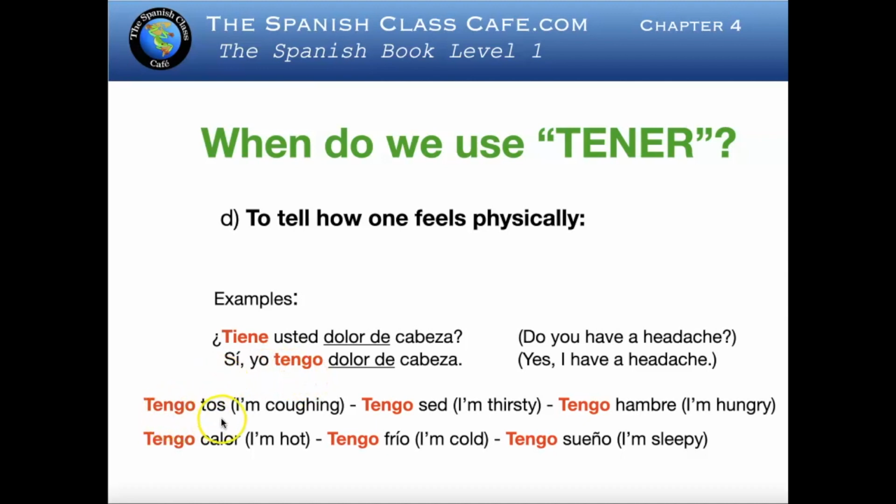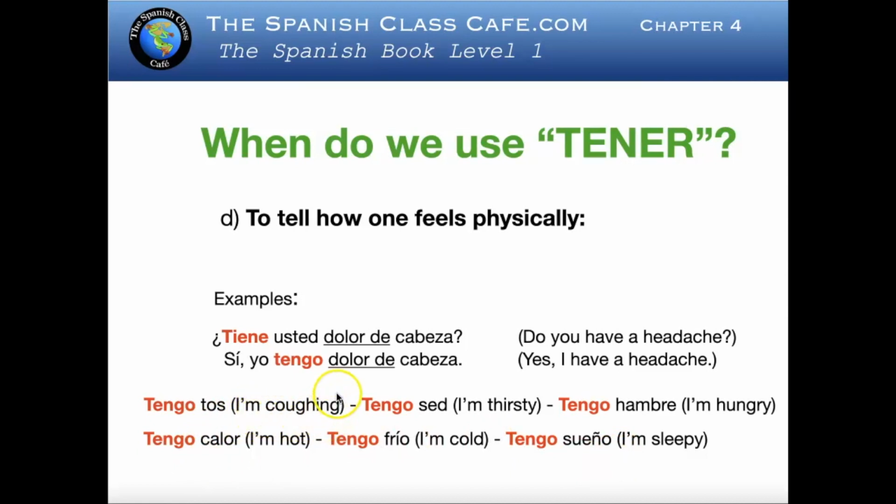Now here you have different examples. Yo tengo tos. I omitted the yo. I put it in the first person singular, yo, and I say tengo tos, tengo sed, tengo hambre, tengo calor, tengo frío, tengo sueño. You can see here that English uses the verb to be.